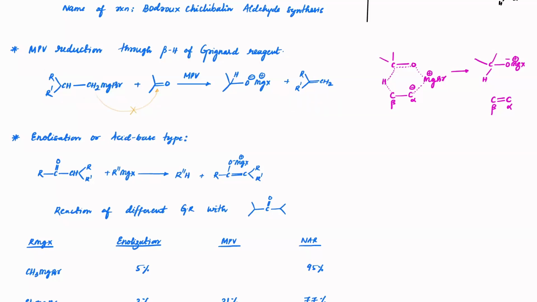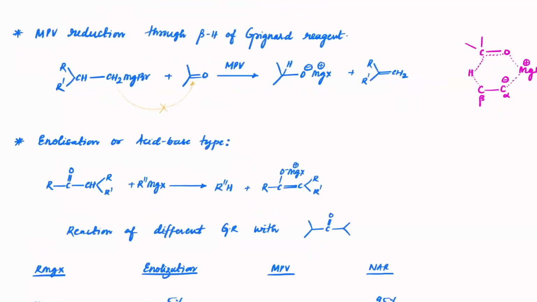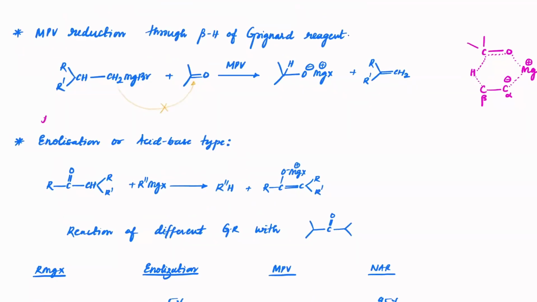Okay, so when would this happen? If the Grignard's reagent is bulkier at beta positions, then you usually expect MPV to happen.